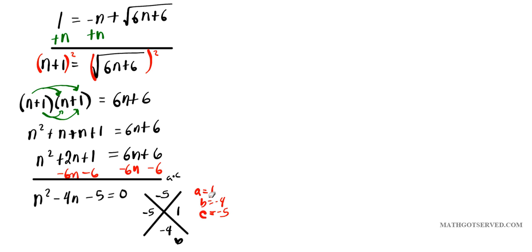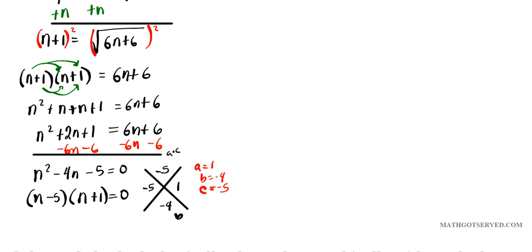So since a is equal to 1 here, that means we do not have to factor by grouping. We can jump directly to the factored form, which is n minus 5 times n plus 1 equals 0. And we're going to use the zero product property to finish this off.